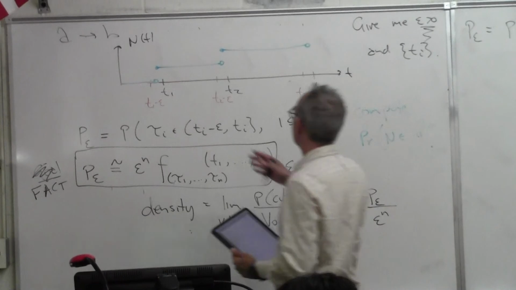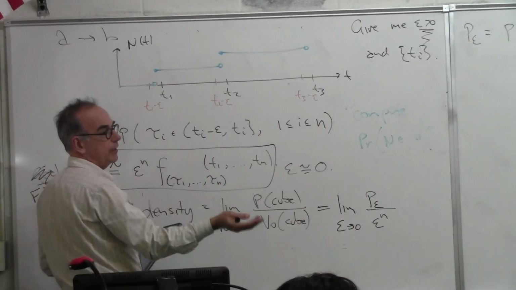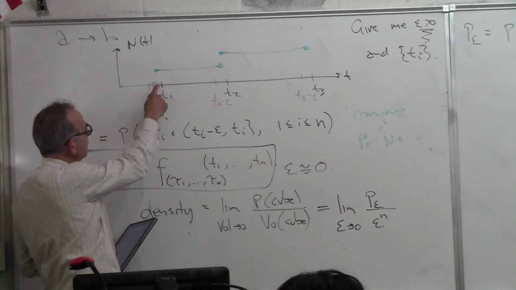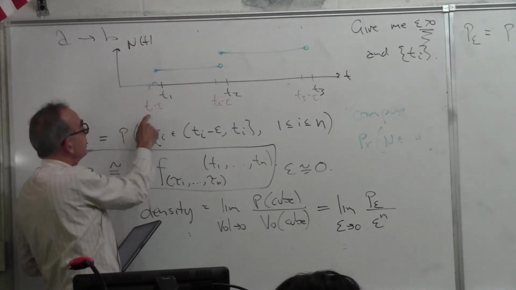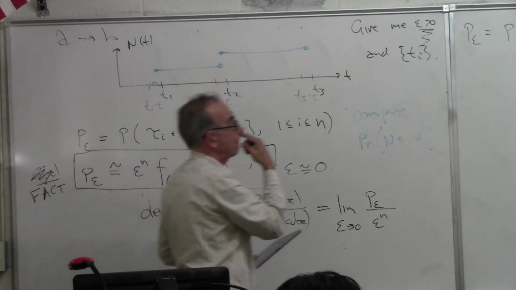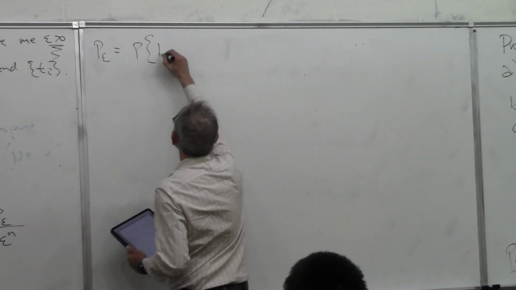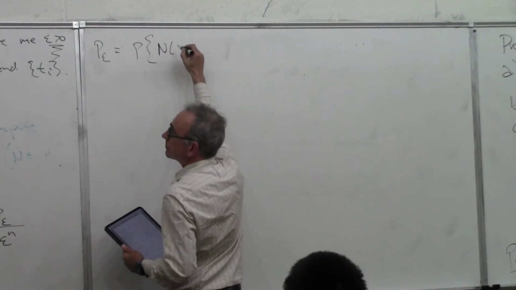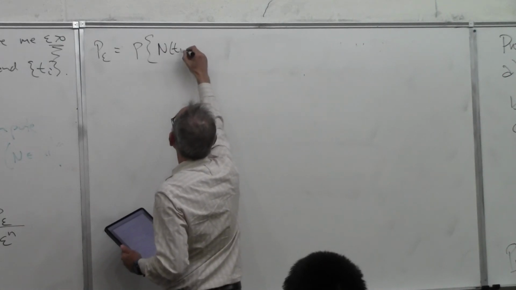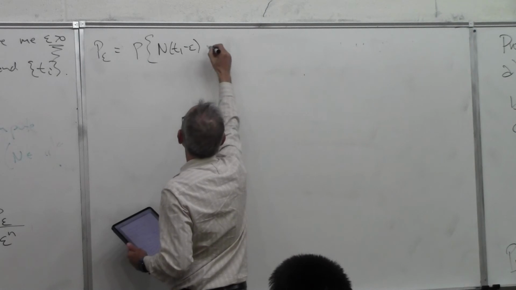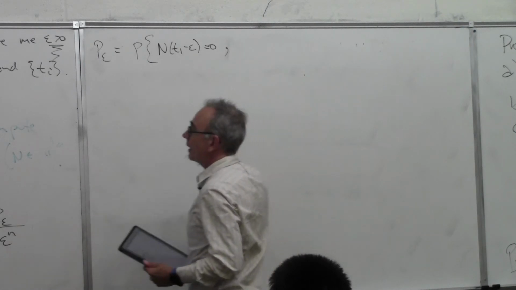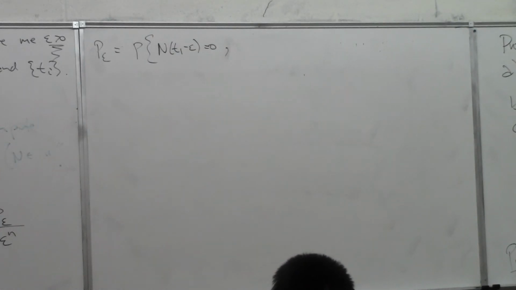So how would you express this event in terms of N of t? Well, at first it says that this is 0. And it also says that the difference here between the N's is 1.